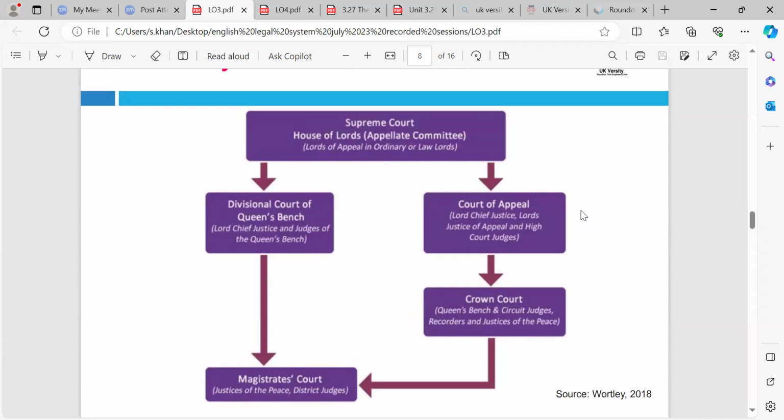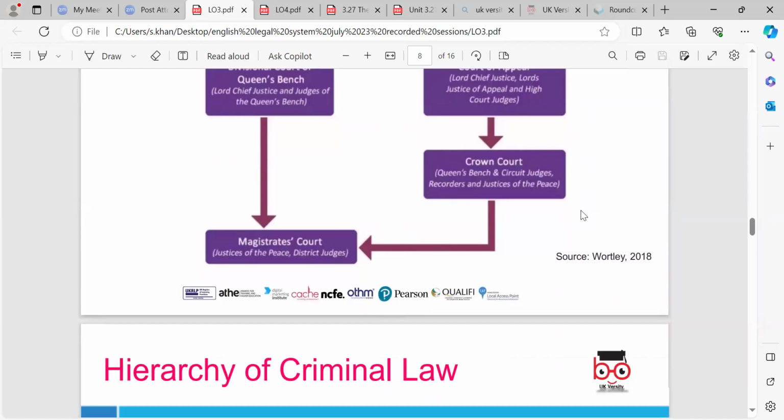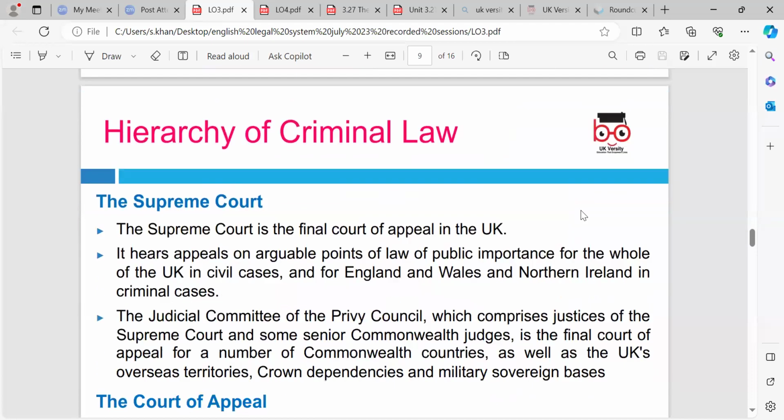The Divisional Court is Lord Chief Justice and judges of the Queen's Bench. The Court of Appeal is Lord Chief Justice, Lord Justice of Appeal, and High Court judges. And then the Crown Court is Queen's Bench and Circuit judges, recorders, and justices of the peace. And the Magistrates Court is justices of the peace and district judges.